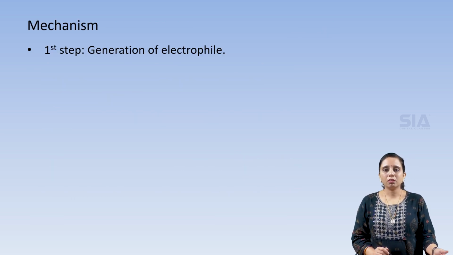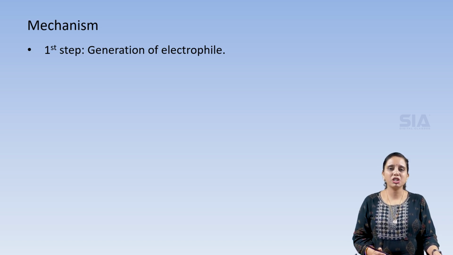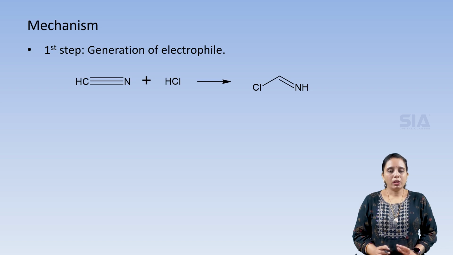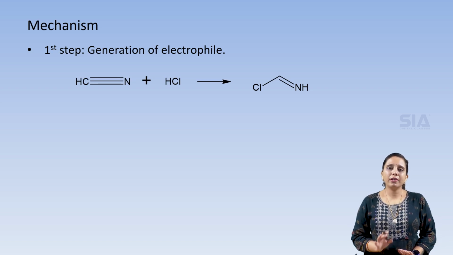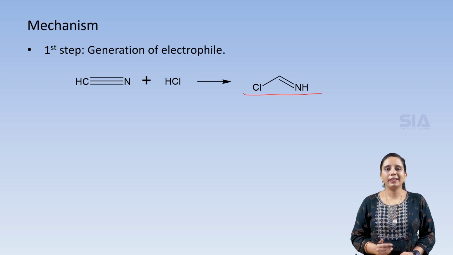Let us go into the mechanism. It includes two steps, and the first step is generation of the electrophile. As it is an electrophilic substitution reaction, first the electrophile has to be generated. So here hydrogen cyanide will react with hydrochloric acid to give this particular compound, a chlorinated amine.